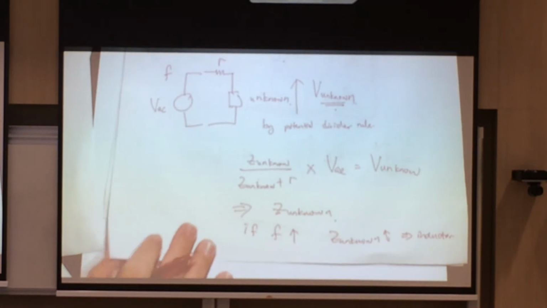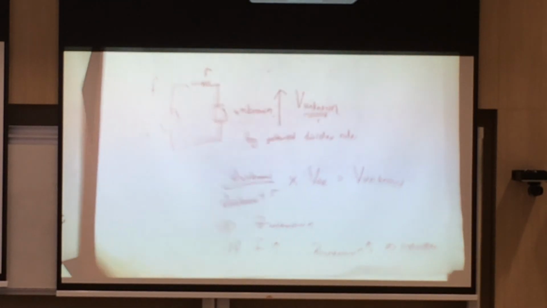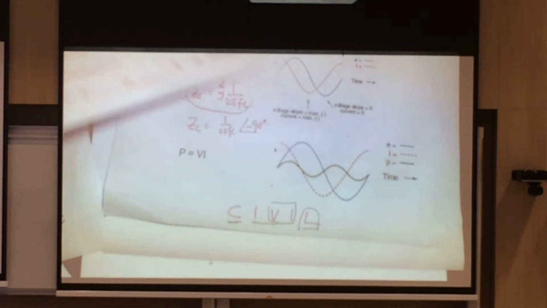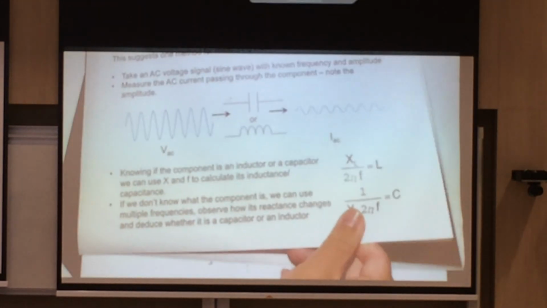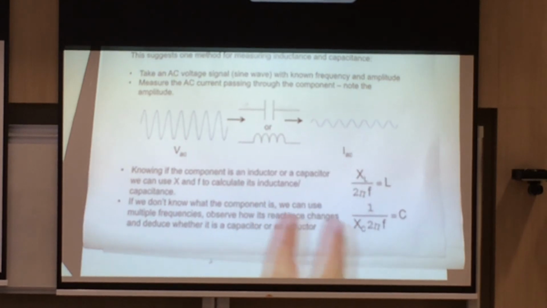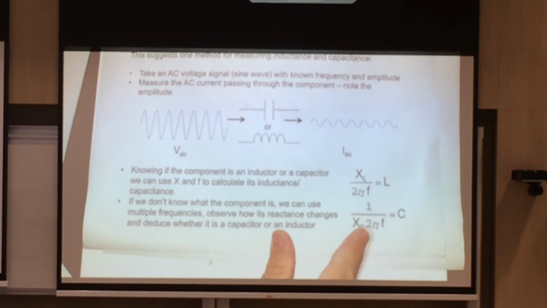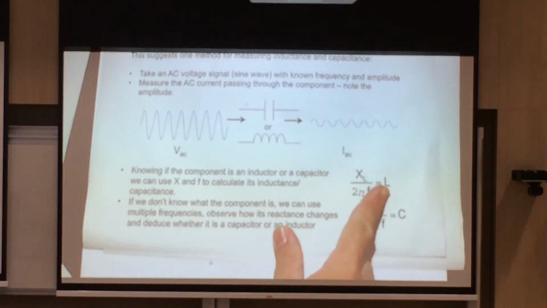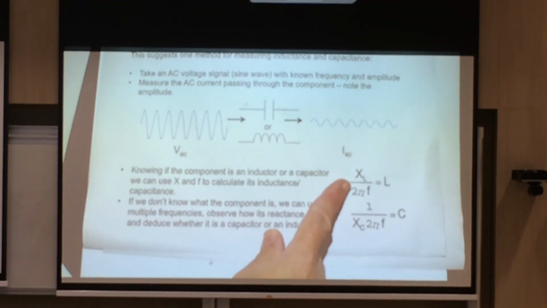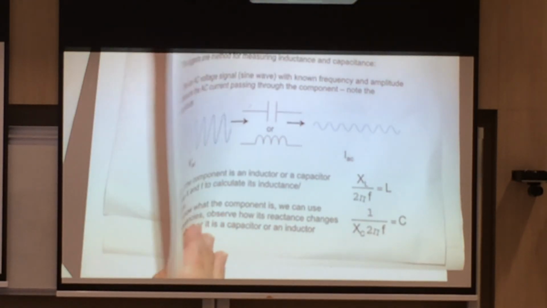Alright. So that was last year's question. Basically, you just need to apply it, and from there you work out what the frequency is, and then work out your Z_L. Your inductance will be just whatever impedance you have divided by 2 pi f. Capacitor, do this.